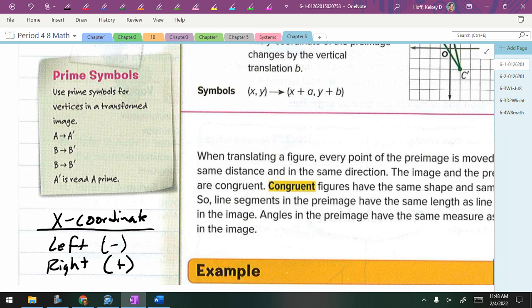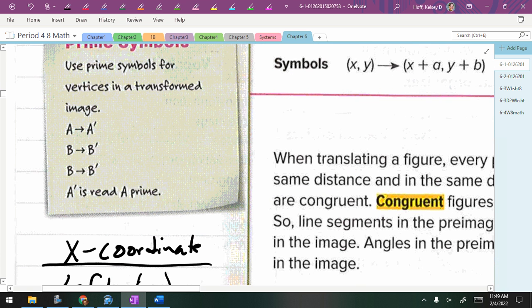So what's called is the prime symbol. And the prime symbol helps us differentiate between which picture is the original, the pre-image, and which one is after I moved it, the image. So the tick mark indicates that this point has been moved. What started as A moved and became A prime. What started as B moved and became B prime.